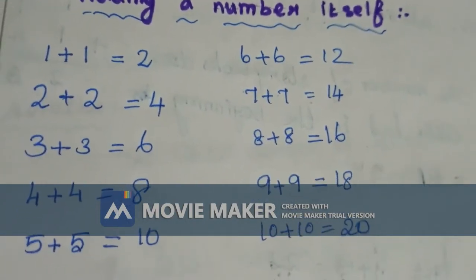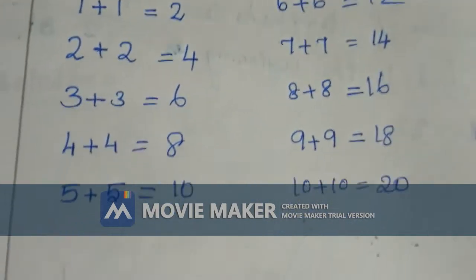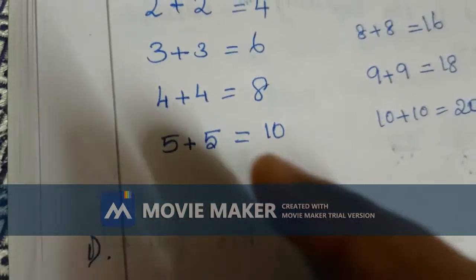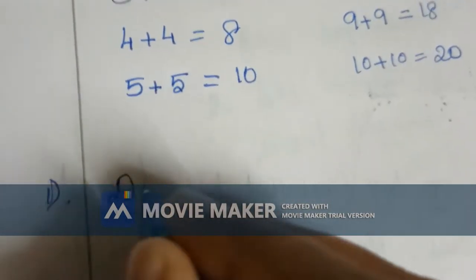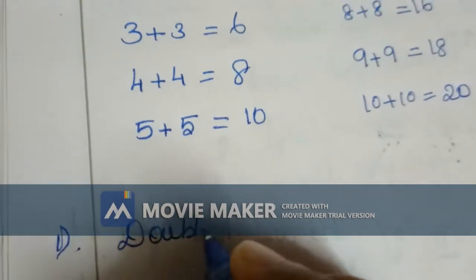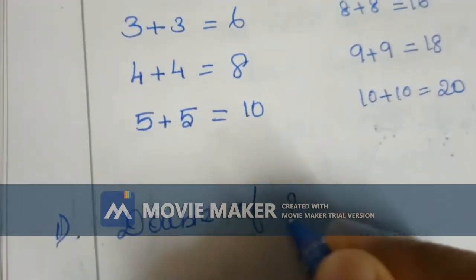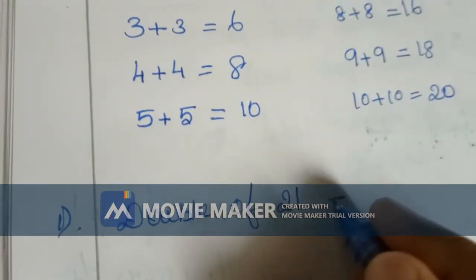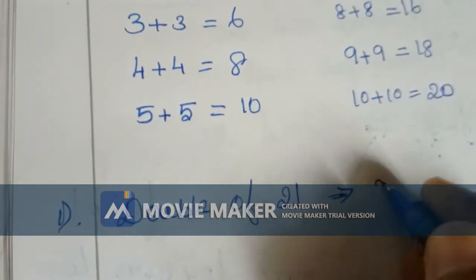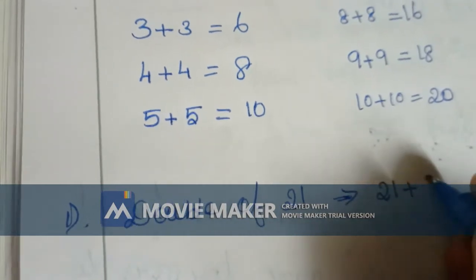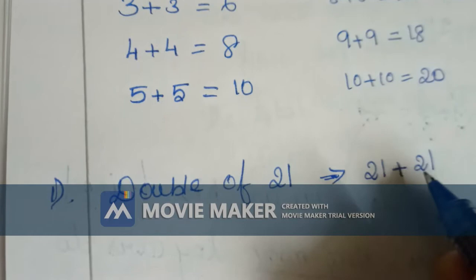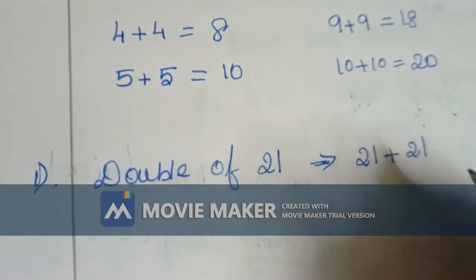So let us look at some examples related to this. The first question, double of 21. So double of 21 means 21 plus 21. Add the same number to itself.